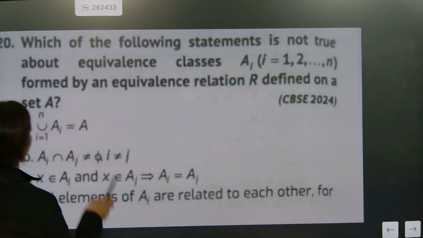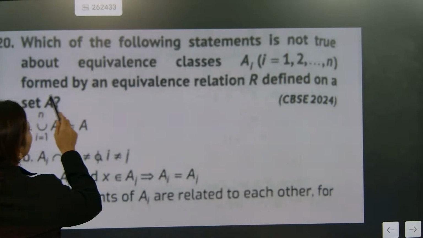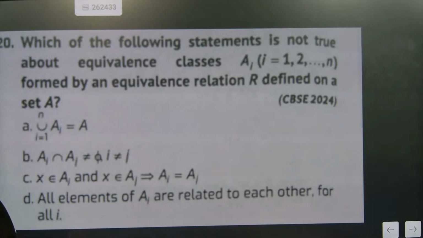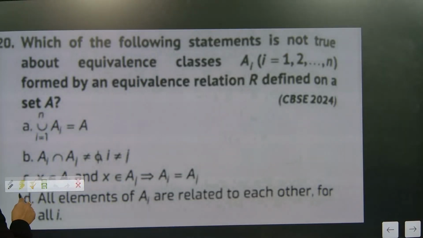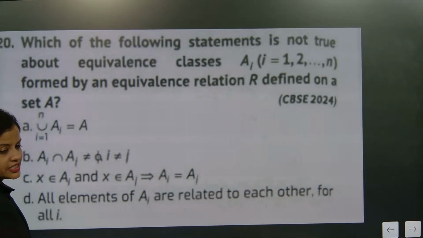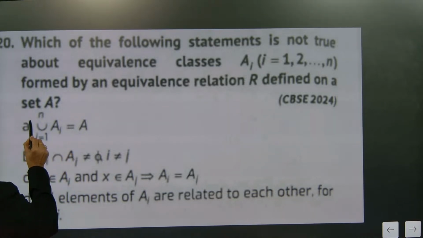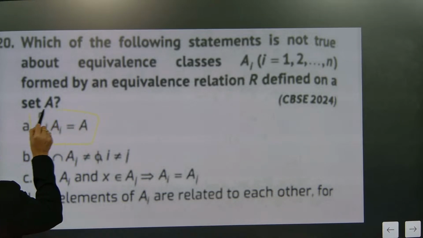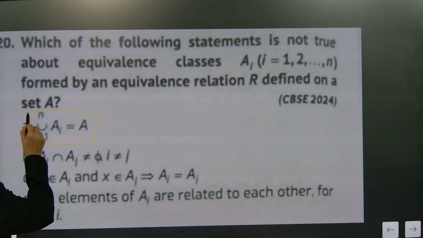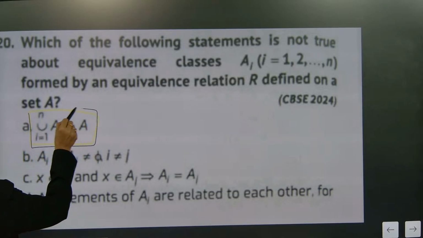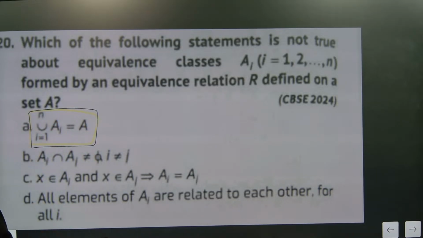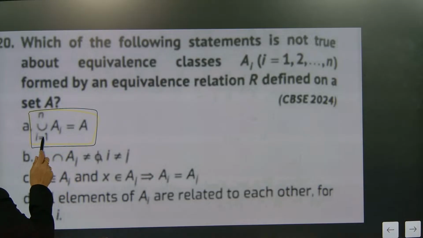So now let's check. They are telling us that equivalence classes formed by an equivalence relation are defined on set A. First part, beta, very carefully check. This section, very carefully check. The union of all the elements A_i, where i goes from 1 to n.